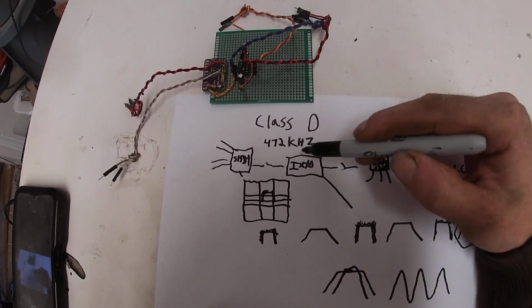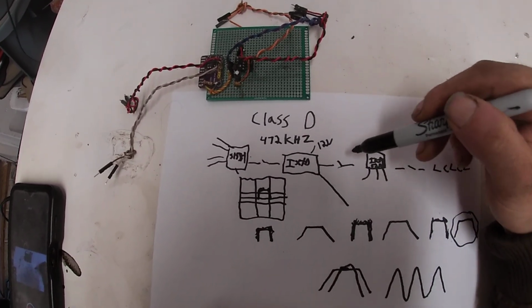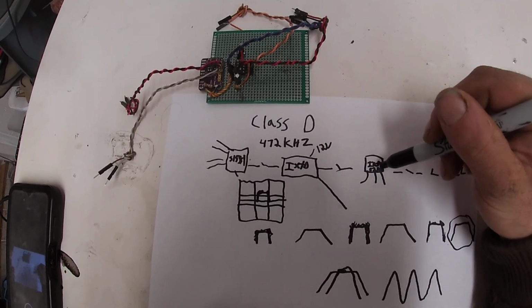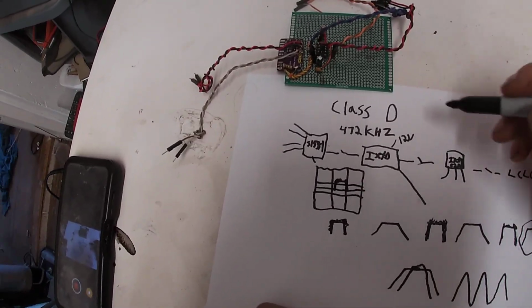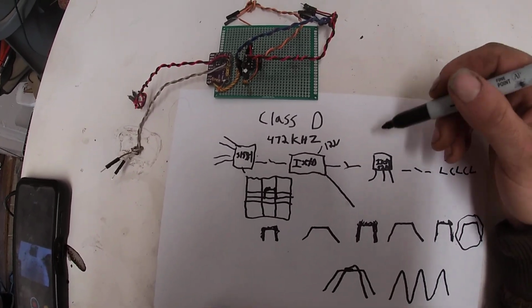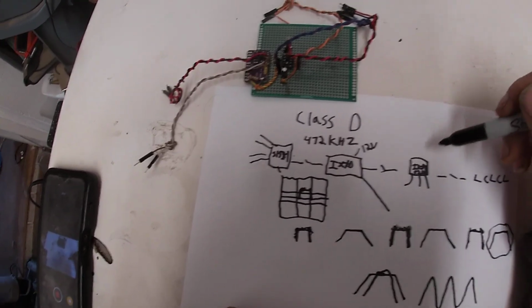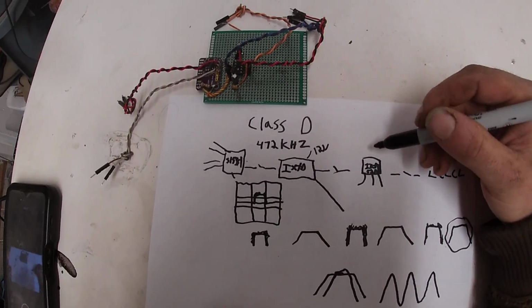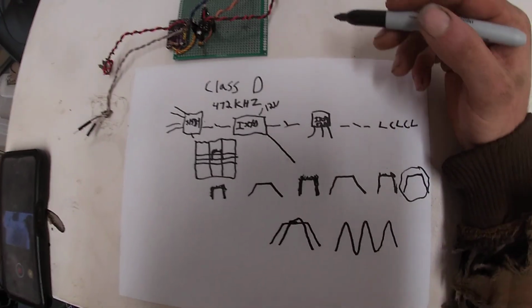In the case of 472 kilohertz, even with a single IRFP 520, there's potential to get somewhere between 100 and 150 watts at 28 volts, which is what I'm going to be doing.